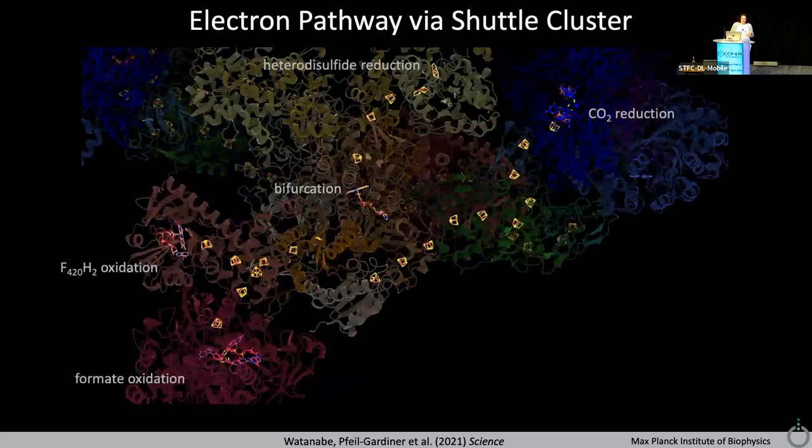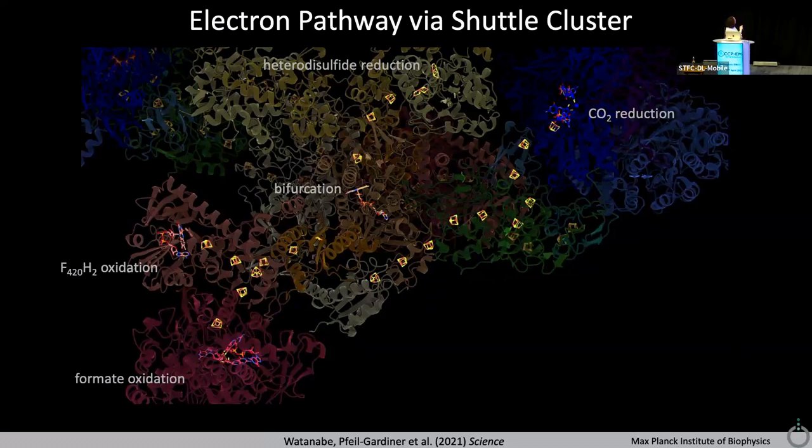And when we look at this structure, we basically have three take-home messages about the process of electron bifurcation and how that is able to drive CO2 fixation and methanogenesis. The first is related to substrate flexibility. So here in the electron donor arm, we have the formate oxidation site, the formate dehydrogenase site that actually uses formate in order to generate these electrons for bifurcation.